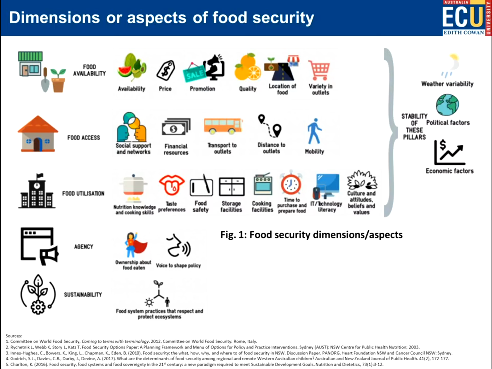But we have not explored those structural underpinning factors today. We've tried to take a wide view of looking across these dimensions or aspects to really give you a sense of all of those different factors that are involved in determining whether someone has that physical, social, and economic access to food.